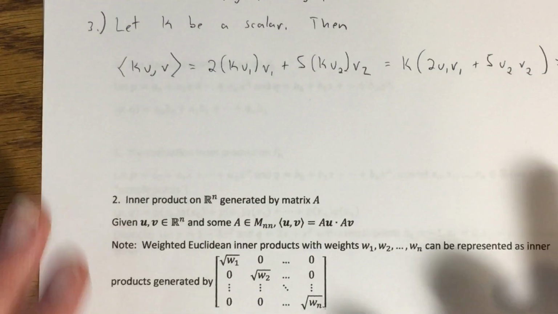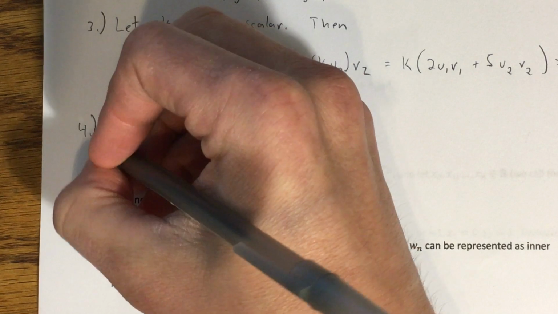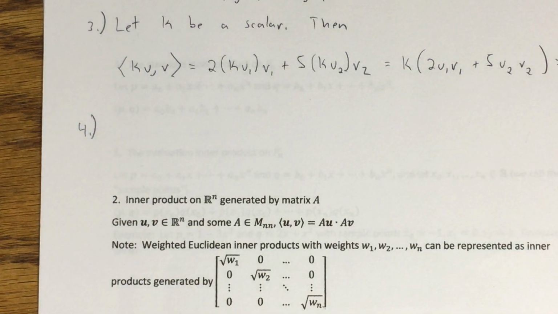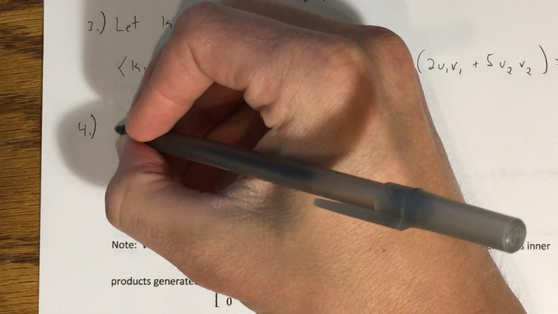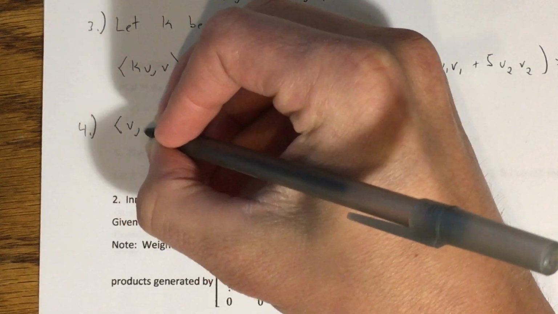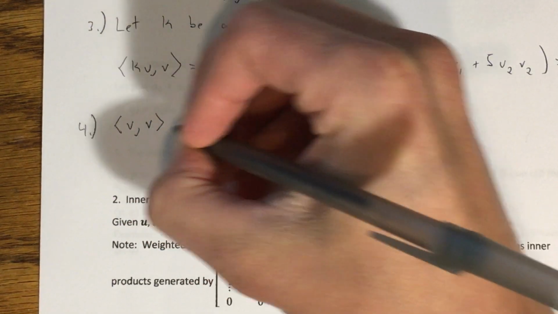Last thing to prove is positivity. So we want to show that the inner product of V with itself is greater than or equal to 0, and that it's equal to 0 if and only if V is equal to 0. So to start with, let's compute the inner product of V with itself.